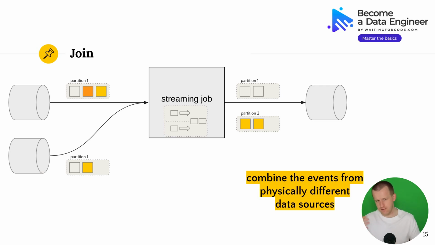A very frequent example for this transformation is that in one stream you have the ad impressions, and in the second one you have the clicks on these ads. If you want to get some interesting insight, the best is to combine both and see maybe the click ratio and stuff like that.